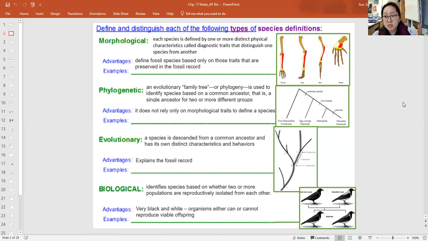Or they can't even make babies to begin with, either because they're physically incompatible, they are regionally never going to interact, or other things that are preventing them from ever having offspring. The advantage of this system is that it's very black and white: either you can have offspring that are viable or you cannot. An example would be closely related species like the carrion crow and the hooded crow, which can make hybrids, which means that they're closely related.